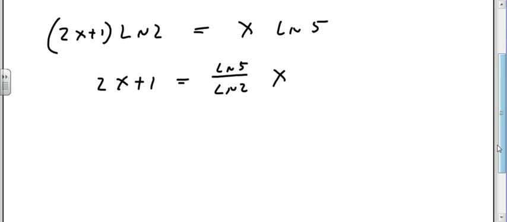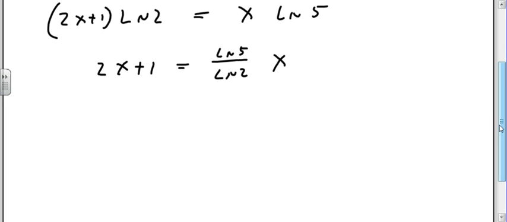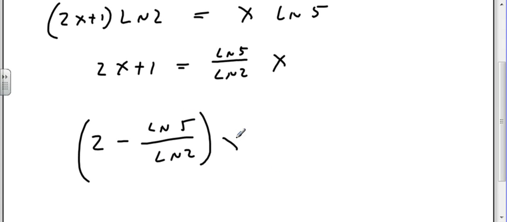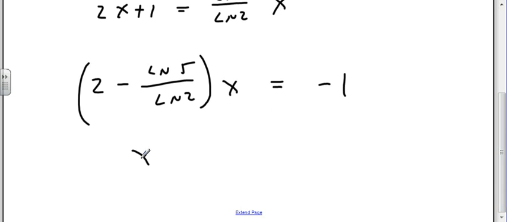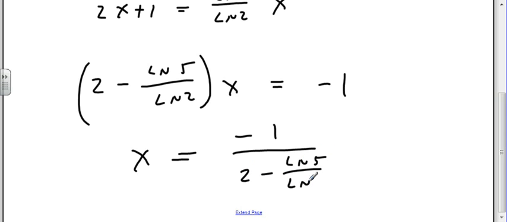Oh well, I don't necessarily have to do that, right? 2 minus natural log 5 over natural log 2. X is equal to minus 1 divided by 2 minus natural log 5 divided by natural log 2.